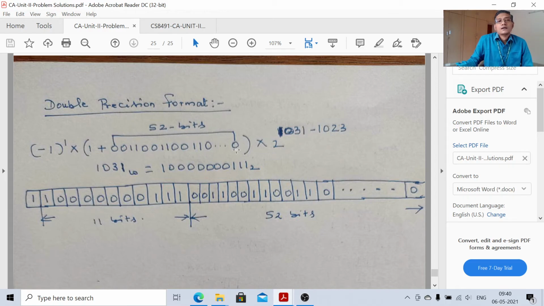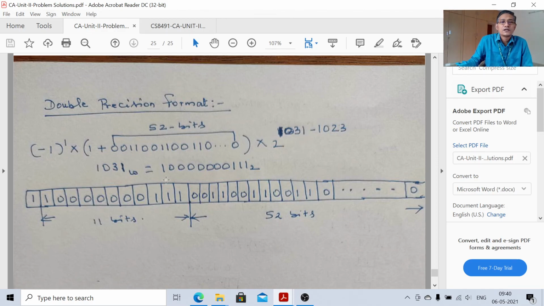And with what number can we subtract 1023 to get the exponent 8? 1031 minus 1023 will get you 8. So this 1031 should be converted into binary, to get the exponent value in 11 bits.